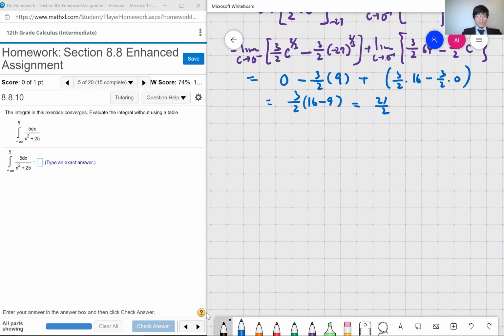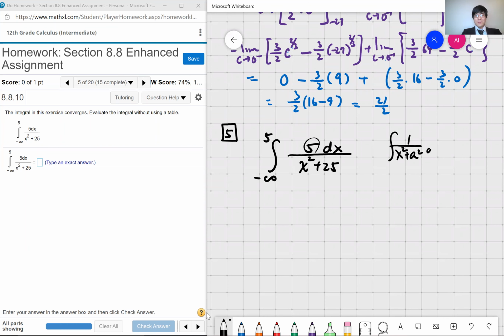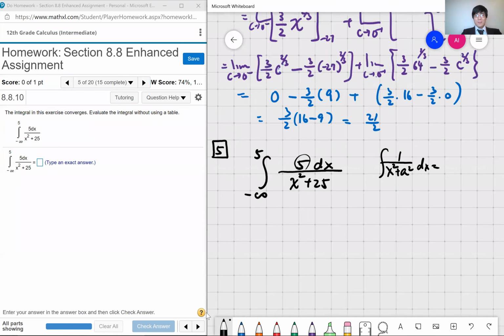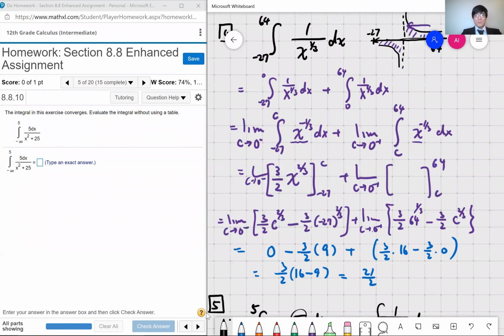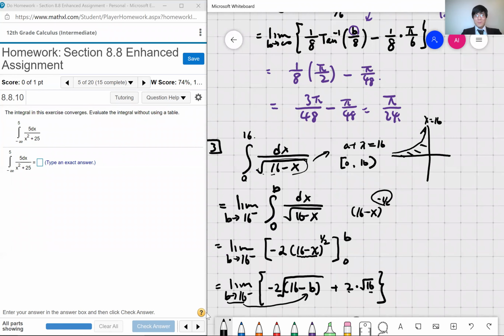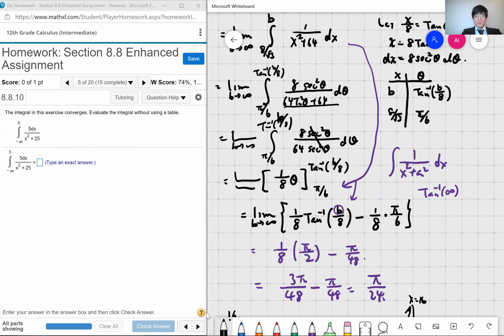Okay, number 5. The integral from negative infinity to 5 of dx over x squared plus 25. This 5 doesn't really matter, but this integral is basically like in the previous question. If we go back, using a formula we can integrate it in an instant.